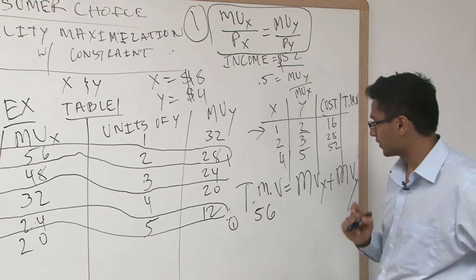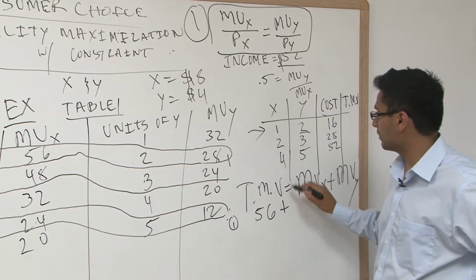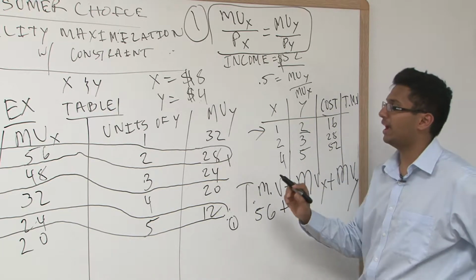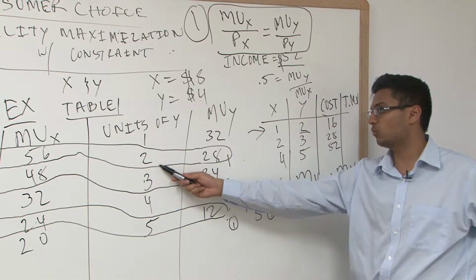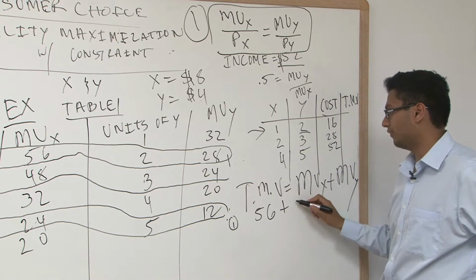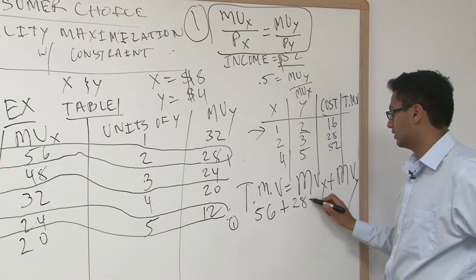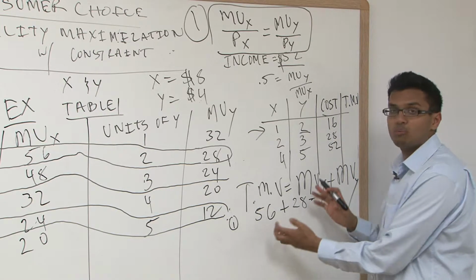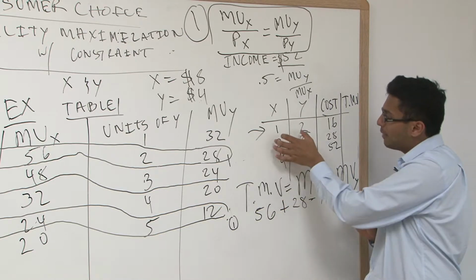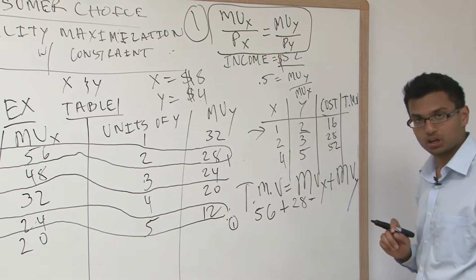That's cool. How much do I get from Y? I'm using 2 units of Y. For 2 units of Y, I get 28 utils. Everyone see that? Well, if I add this up, that gives me the total marginal utility for the first combination that I have here.